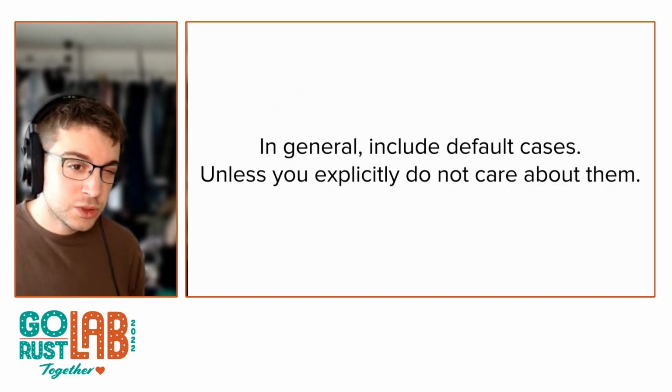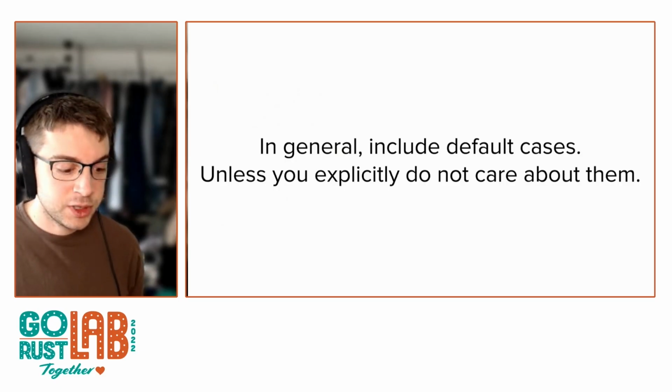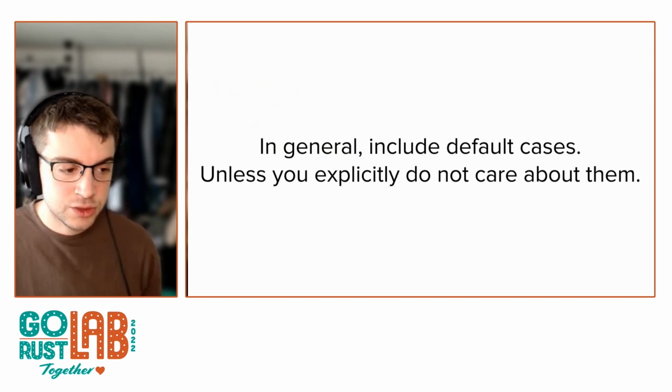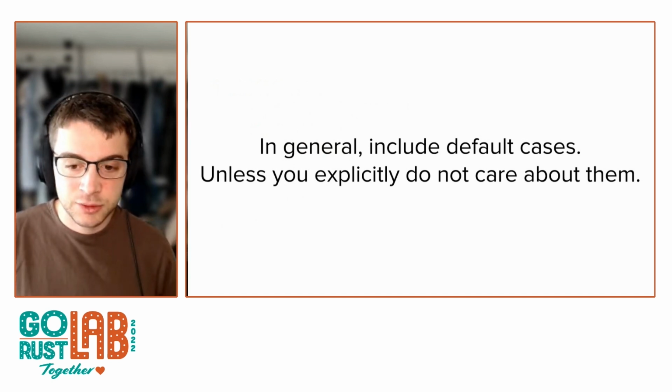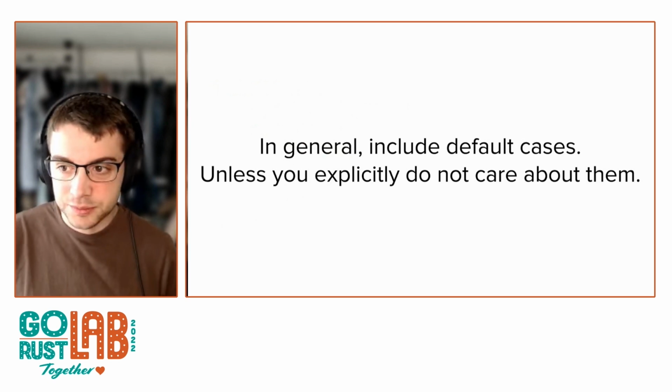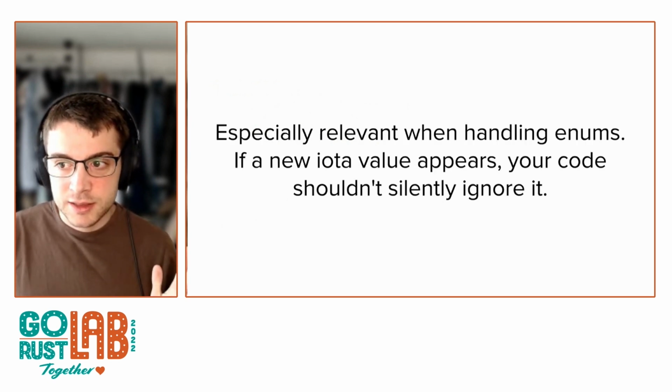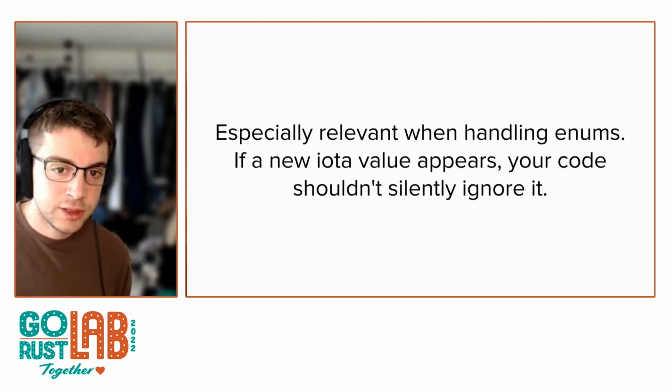In this case, it will still do something that is going to be more helpful to the user. This is a very simple example, but it's just to get us going on understanding what defensive programming is. In general, you do want to add default cases to most or all of your switches, because if you're not, there should be a good reason why, right? In general, it's better to be safe than sorry. This is especially relevant when you're handling enums.